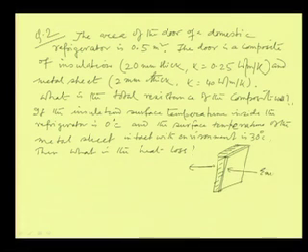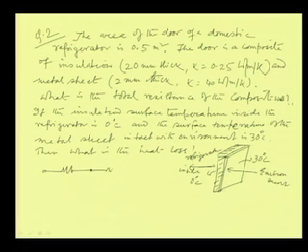This is the environment and this is the refrigerator inside. Here this surface temperature is 30 degree centigrade, which is the environment, and this surface temperature is given as 0 degree centigrade. So, there are two resistances. The first resistance is due to the insulation and the second is due to the metal sheet.